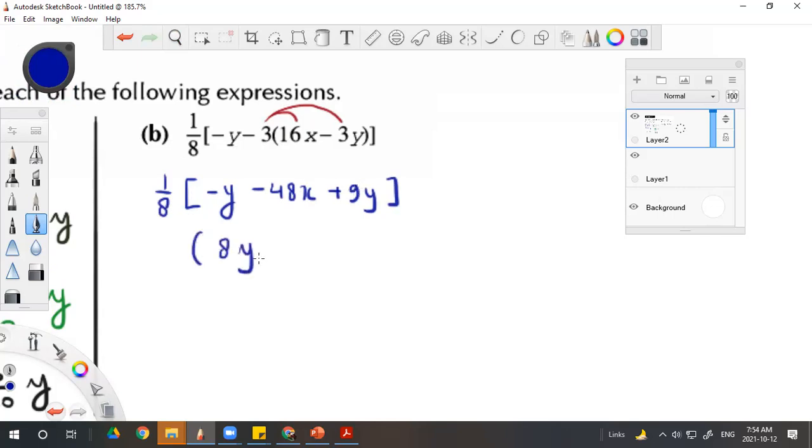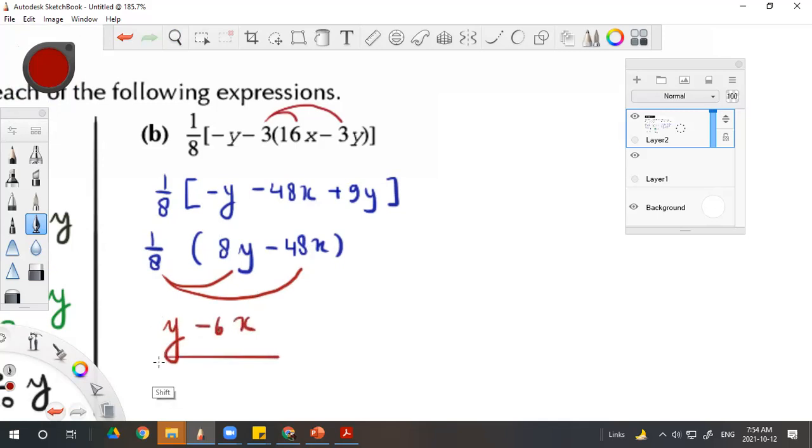So 8y minus 48x, and you do 1/8. You can do the distributive law here and here. So 1/8 times 8, very simple, 1y itself, or y. 1/8 times -48 is -6x. And then we are done.